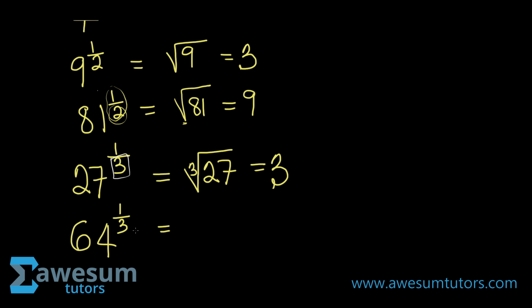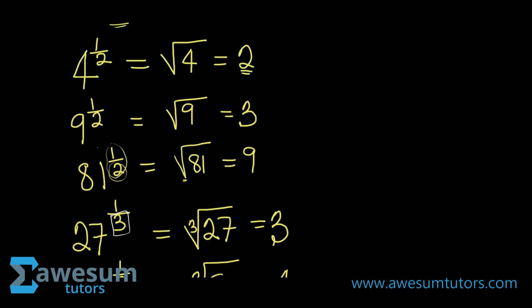That's still going to be the same approach because your denominator is 3. So that's going to give you cube root of 64. And cube root of 64 is going to give you 4. Very good, guys.